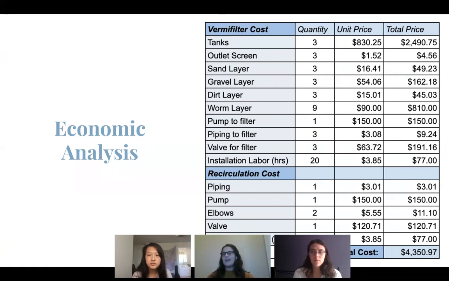But then other than that, it's really just maintenance of the pumps and the piping and things of that nature. The materials of the sand and gravel need to be replaced every 5 to 8 years. So that's also pretty minimal. Overall, we're expected to be under $5,000 US for the total cost of the project. This is also all based on price of materials in the Cuenca, Ecuador area.